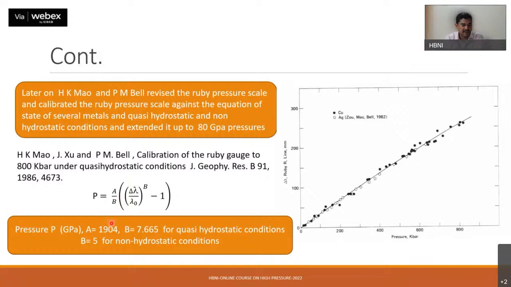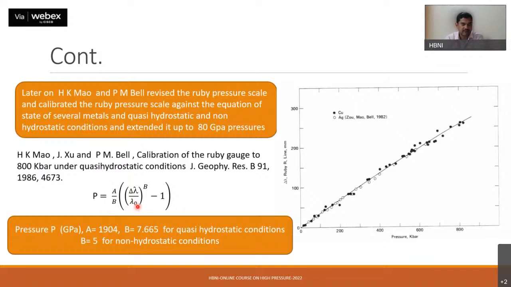They fitted this data and determined the parameter values A as 1904 and B as 7.665 for quasi-hydrostatic conditions. If you know delta lambda and lambda 0, lambda 0 is your excitation wavelength, the laser which you are using to excite the Ruby fluorescence.